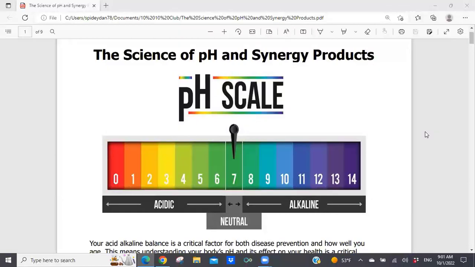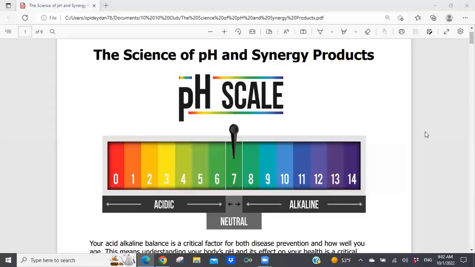And although I don't completely buy into that, I think that you can have some disease processes occur when you're alkaline. But if you look at the vast majority of diseases that go on in the body, the more acidic the environment, the easier it is for that disease process to maintain itself and increase. So this becomes an important issue, and it's important for us to understand looking at the pH scale.